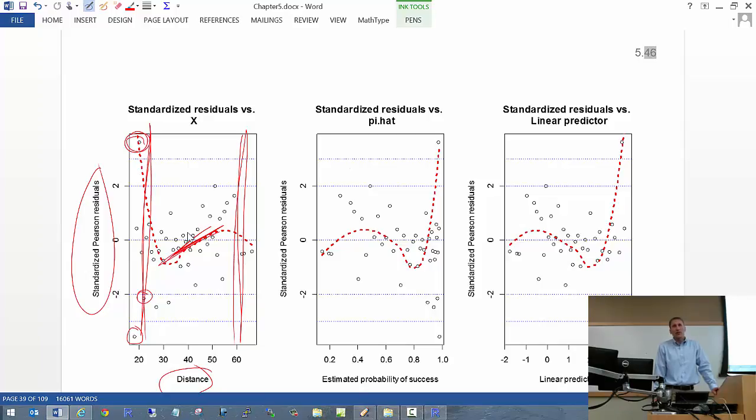Meaning the p-value is about 0.02, 0.03. And I think that is evident by what you see here, this trend, suggesting that low distances often have smaller, negative residuals. Higher distances have positive residuals, and that might indicate a trend. One way to handle that is to look, for example, at a distance squared.